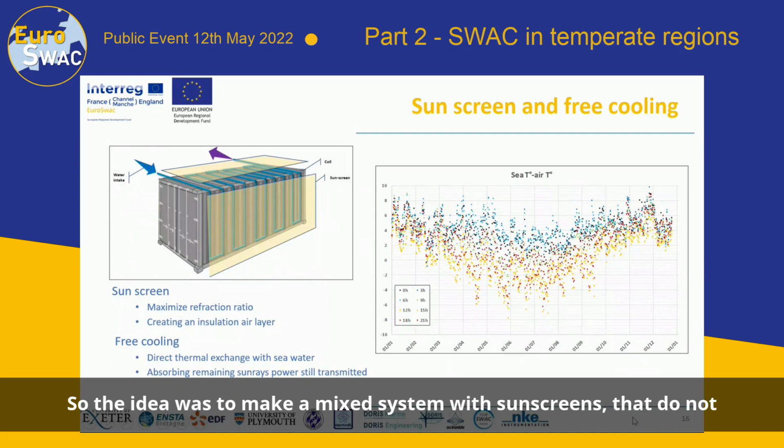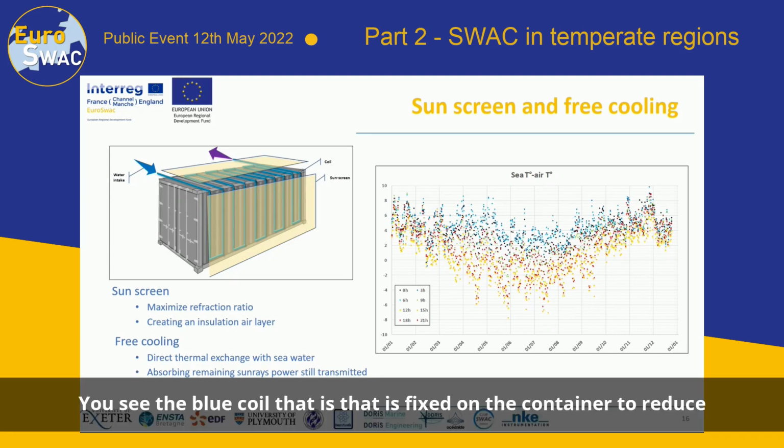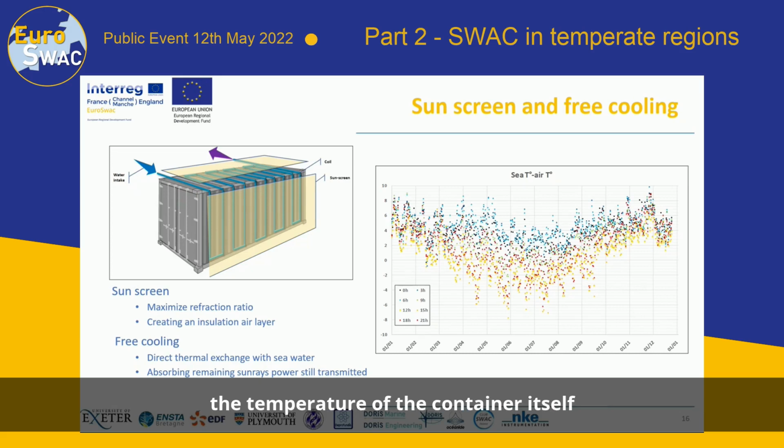So the idea was to make a mixed system with sunscreens that do not allow the rays to go on the container, and a coil, the blue coil that you see, that is fixed on the container to reduce the temperature of the container itself.